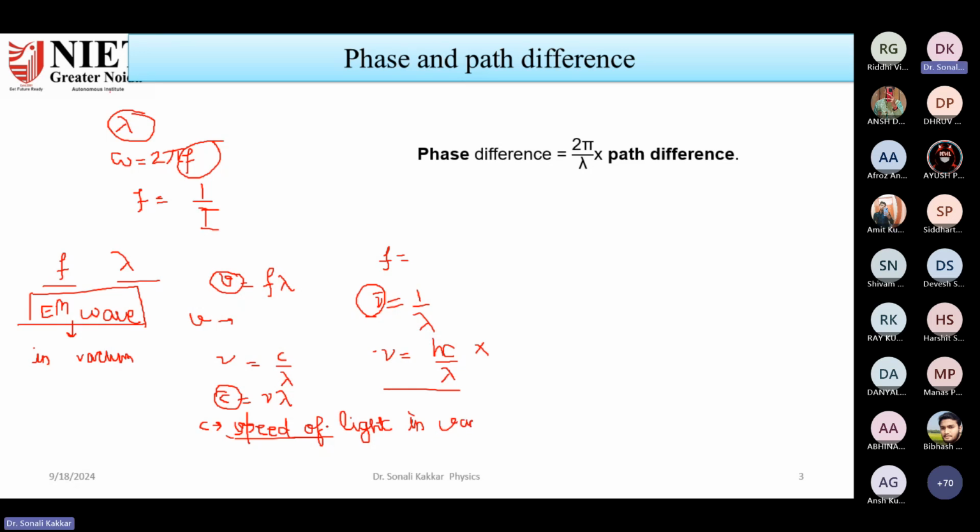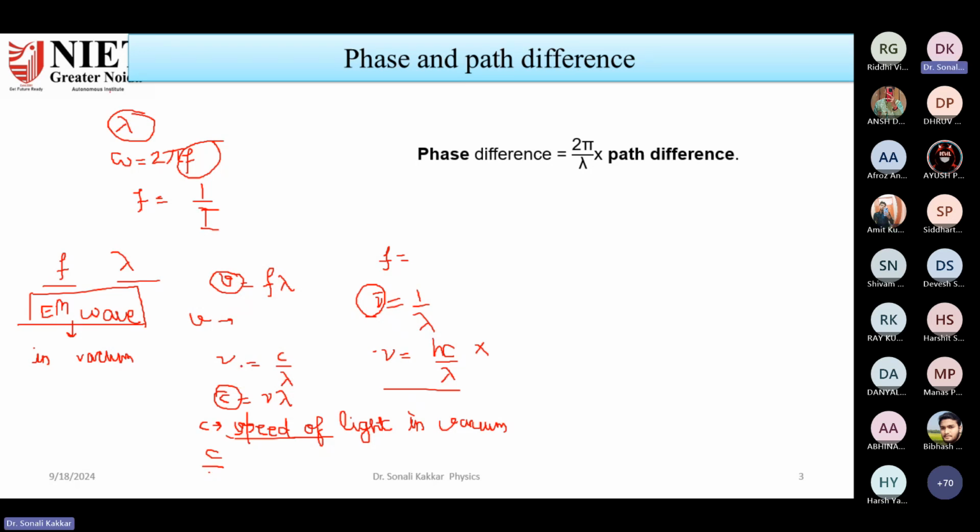What is speed of light in any other medium? c by mu? No. c upon refractive index of that medium होता है.